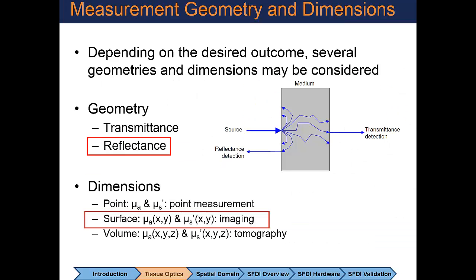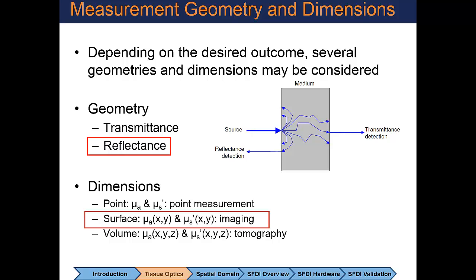There are many ways to create instruments and geometries to capture this information that might help you separate absorption and scattering. You can put a source and look in a transmission mode, or you can look in reflection mode. It depends on your application. I'm going to talk a lot about reflectance today, and a lot about surface mapping of optical properties.